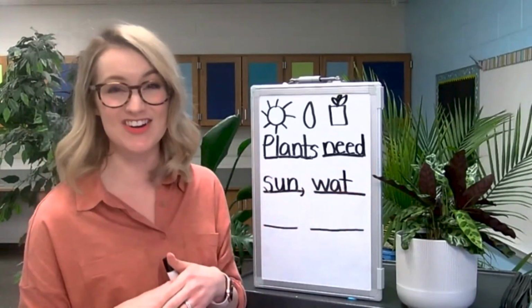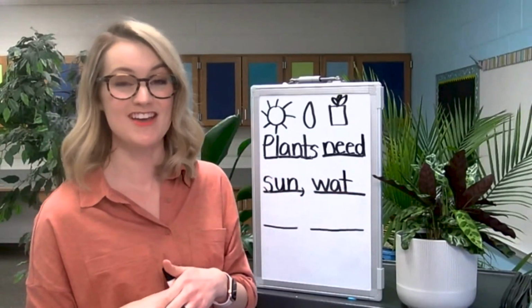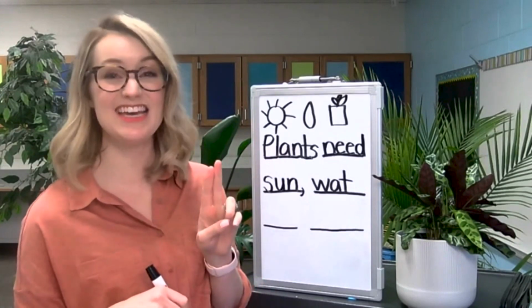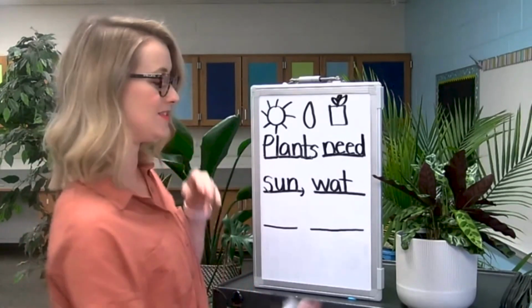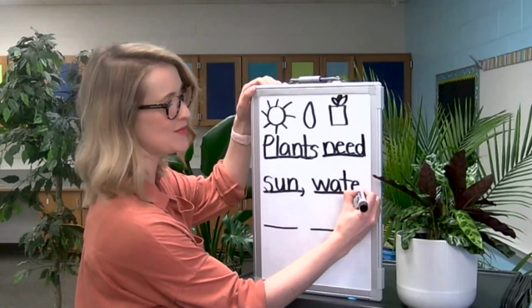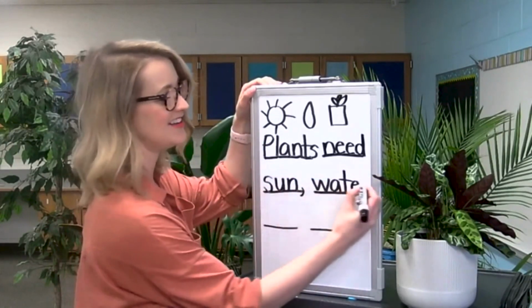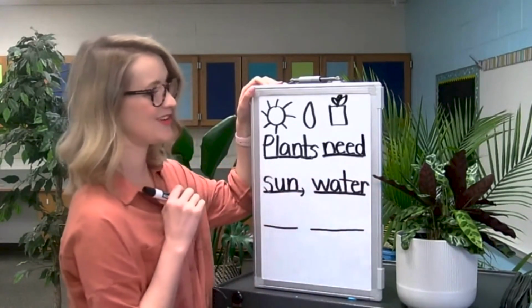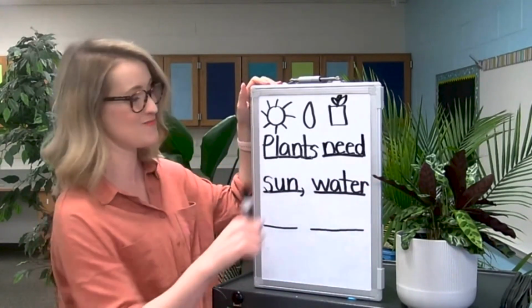Water. There's a sound at the end of that word. There are two letters that make the sound in this word. E and R work together to make that sound. Let's write it. Start in the middle, slide over, up and around. Let's write our letter R. Start in the middle, go down, back up and around. All right, let's read what we have so far.